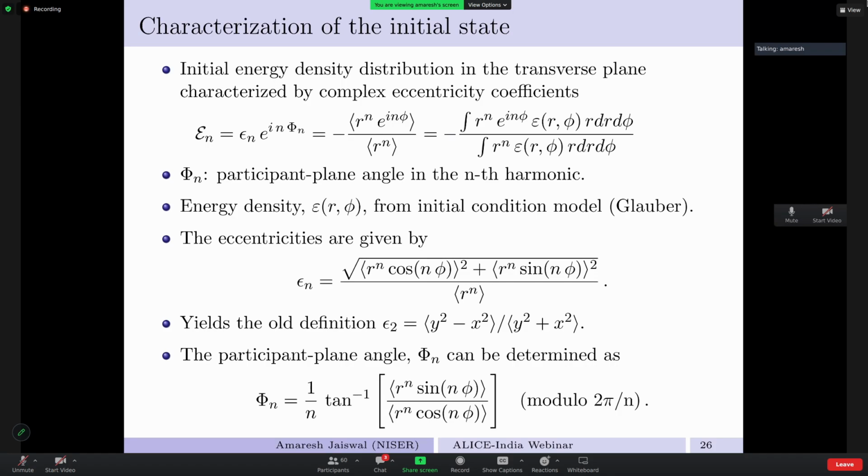All higher order harmonics are fluctuations, and I don't have an intuitive picture for how to connect them to centrality. I don't know if Parthuda or someone else would like to comment on that. I am limited by my knowledge here. Okay, thank you.